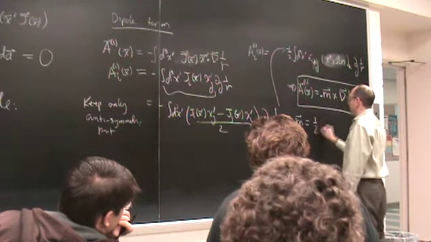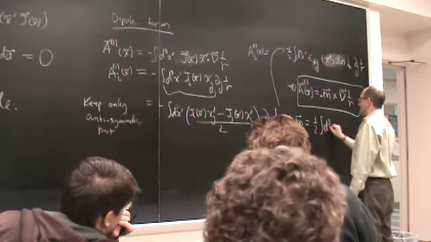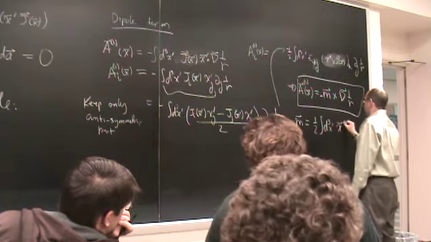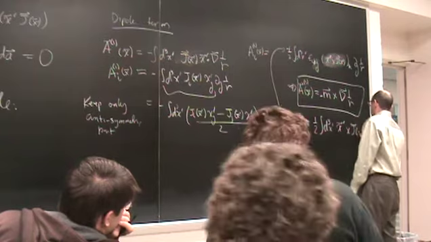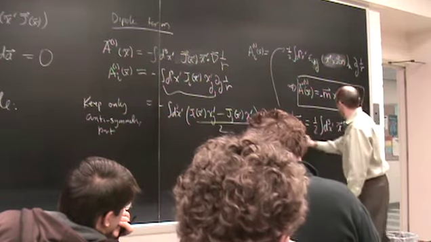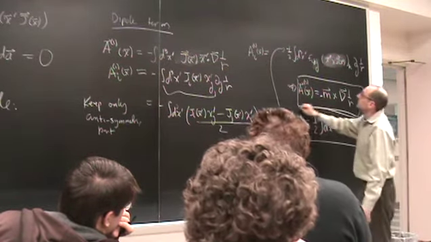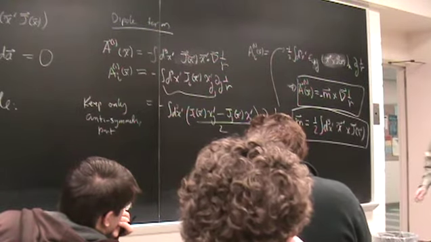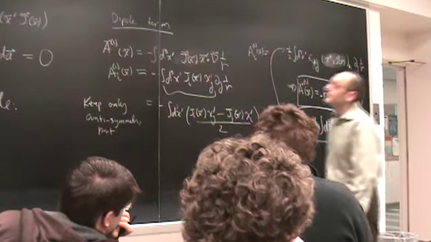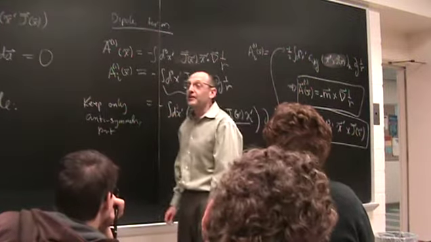M is equal to a half the integral over all space x prime cross into j. Oh, rats. I forgot my 1 over c everywhere.